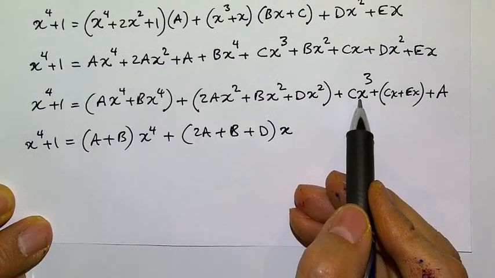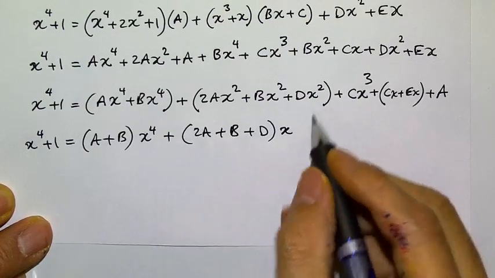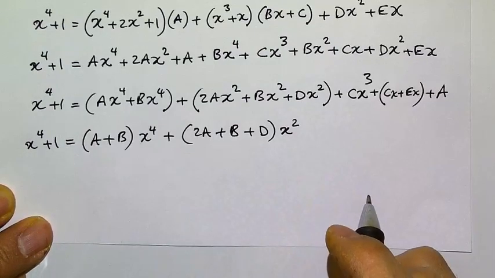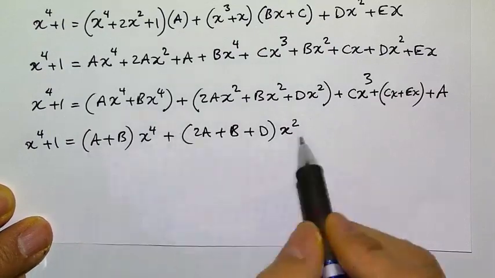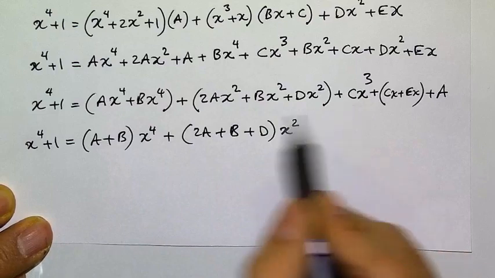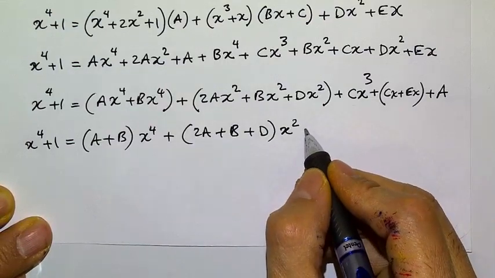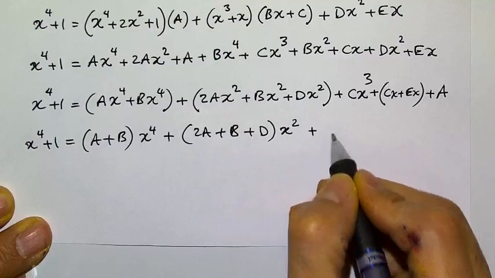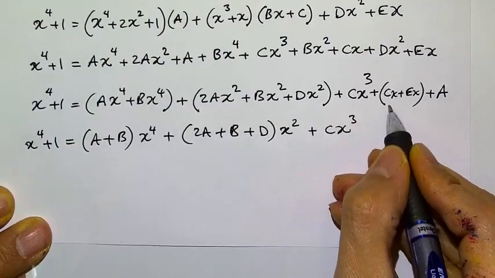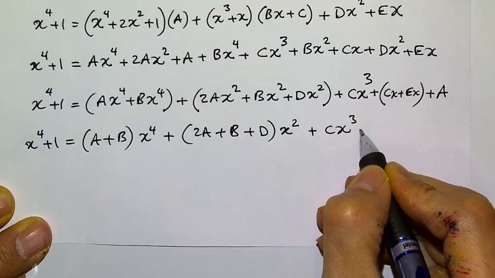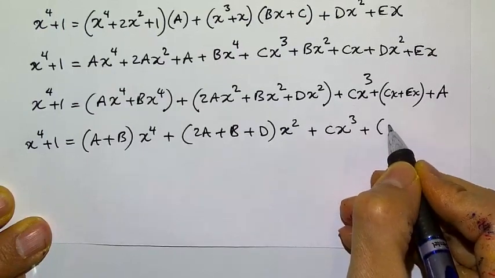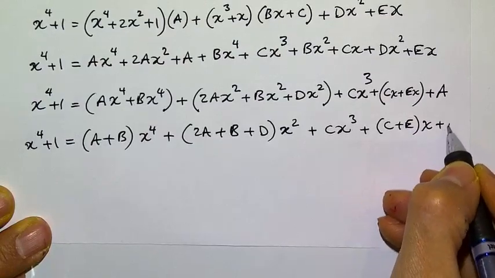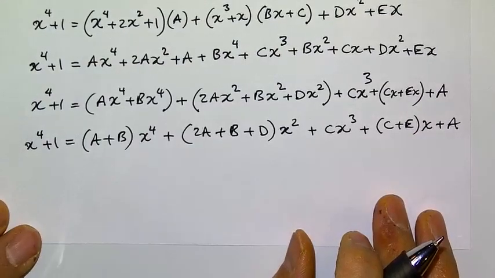This cx cubed should be in the middle here. So x squared, I will fix this after I do this video. I will replace that with the right form. So x squared times that, and then plus cx cubed plus, factor out the x, we have c plus e times x plus a, right?